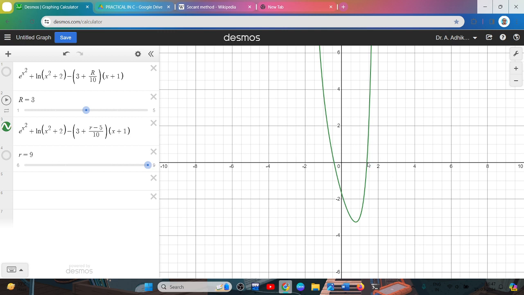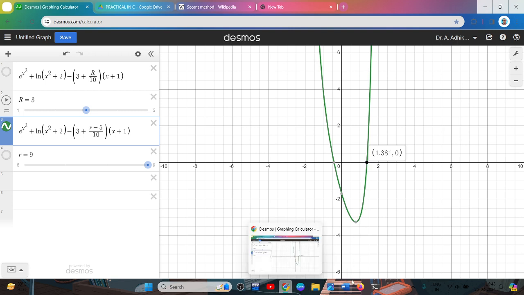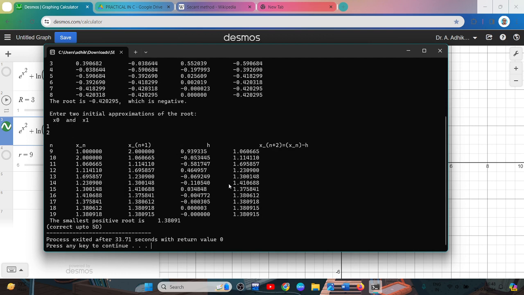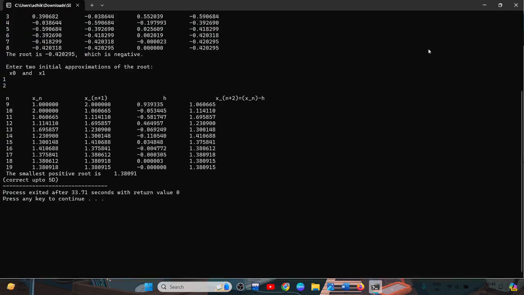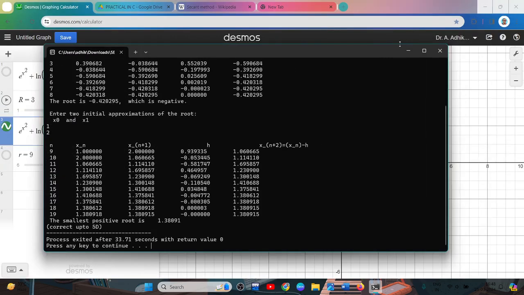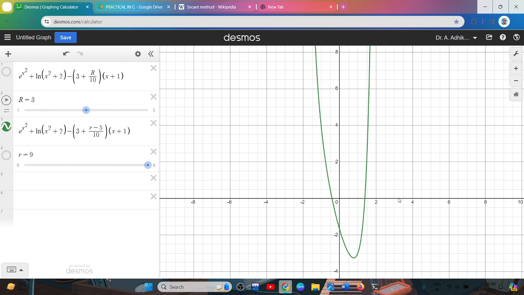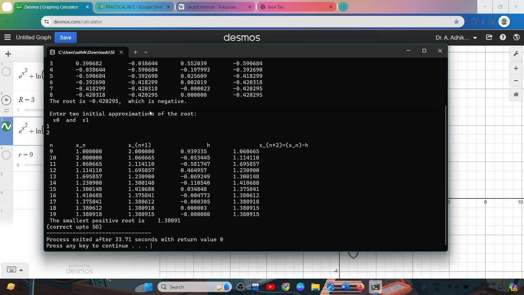We get these two roots where the curve cuts the x-axis. The point 1.381 by the Desmos app is the smallest positive root, matching 1.38091. And the negative root is minus 0.42 by the Desmos app for r equal to 9.